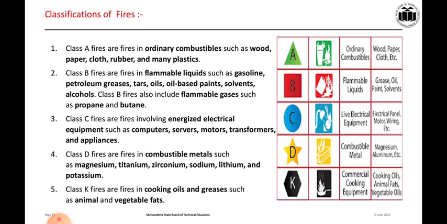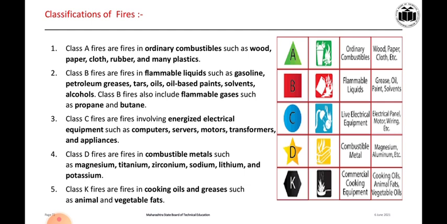Classification of fires. Fire is classified on different bases: class A, class B, class C, class D and class K. In class A, the fire occurs in ordinary combustibles such as wood, paper, cloth, rubber and many plastics.